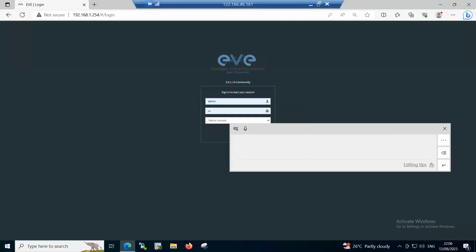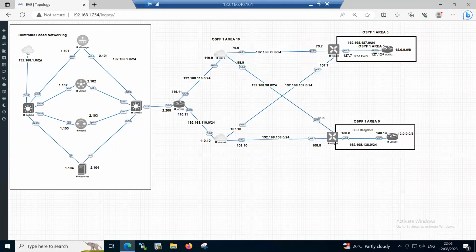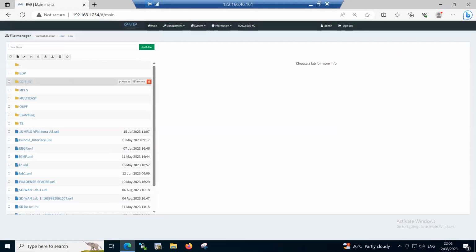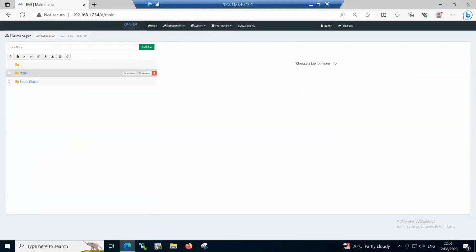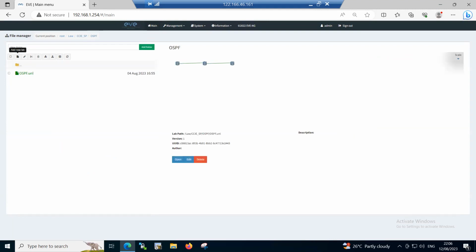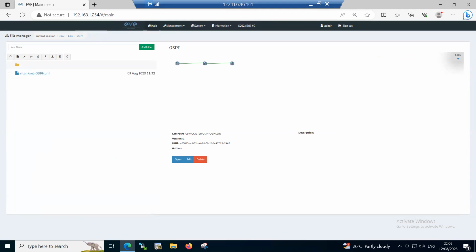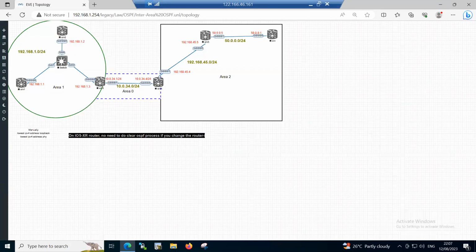Normally I'm doing the lab. I'm having 3 to 4 batches of the CCIE service provider right now. So CCIE SP. This is the host of lab. Normally, this is one of the labs from yesterday.